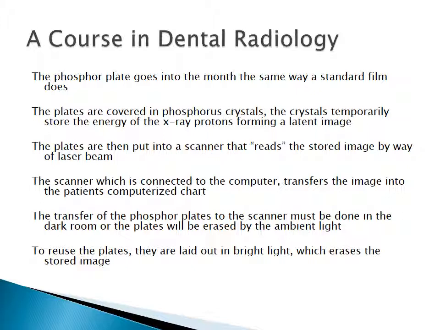Transfer of the plates to the scanner must be done in a dark room, or the plates will get erased by ambient light. So using these phosphorus plates wasn't a whole lot different than using standard film, other than the fact you didn't have to process them. The machine itself would do all the digital processing for it.